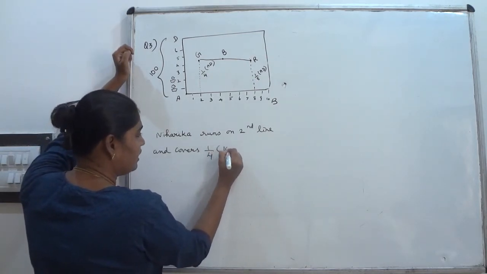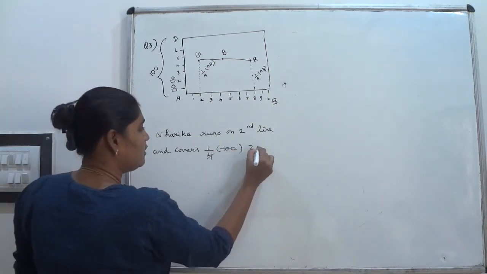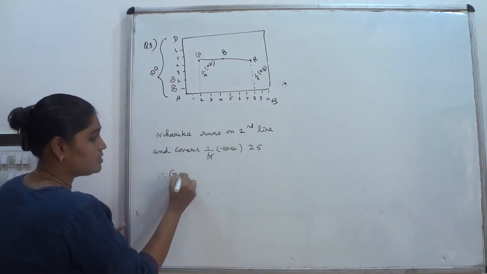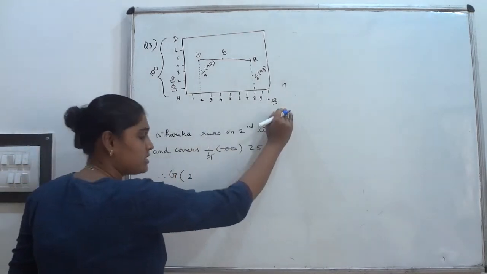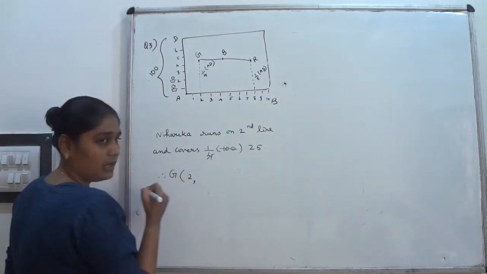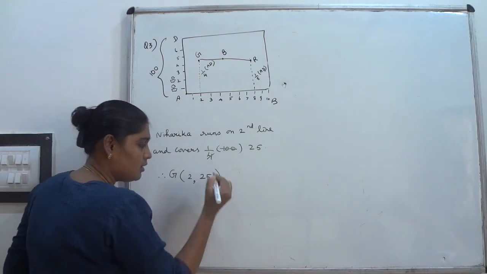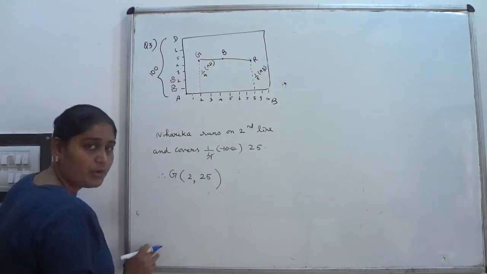That is, I am taking 100. So you will get what? 25. So the coordinate point of G is second line, running on the second line. This is given in the x-axis. So second line and covers 25 meters. So that's why written 25. The coordinates of the G point is 2, 25.